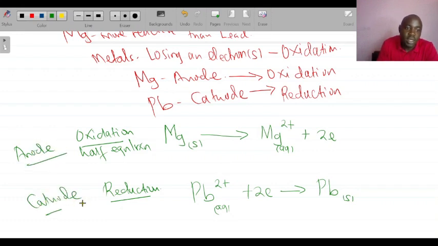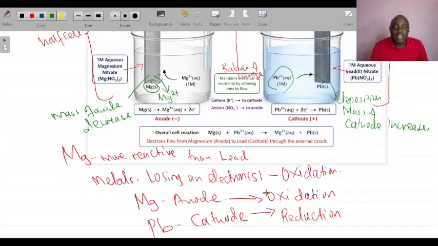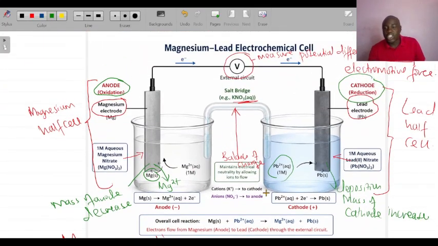So again, we have the reduction half equation. This is what we call an electrochemical cell, which is made by combining the two half cells. We have the magnesium half cell and the lead half cell, connected by use of a salt bridge.